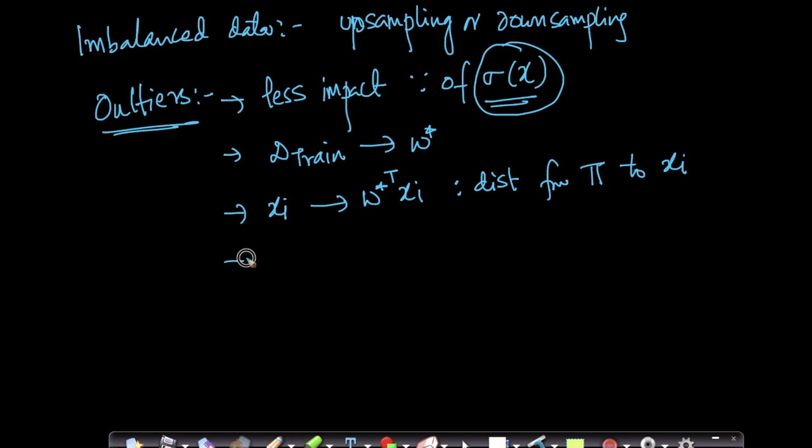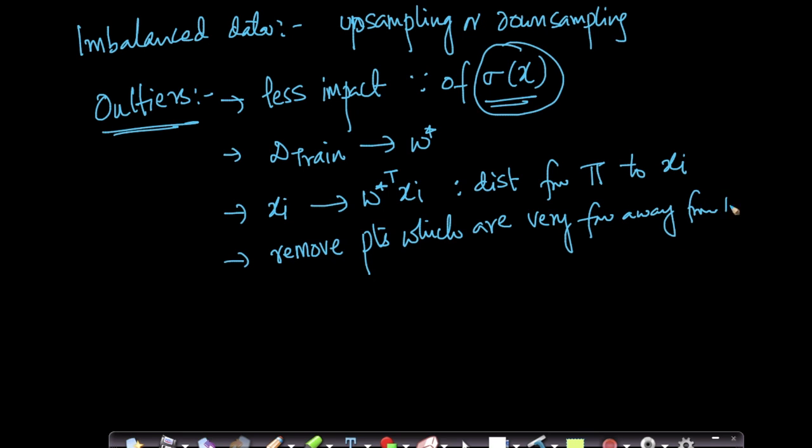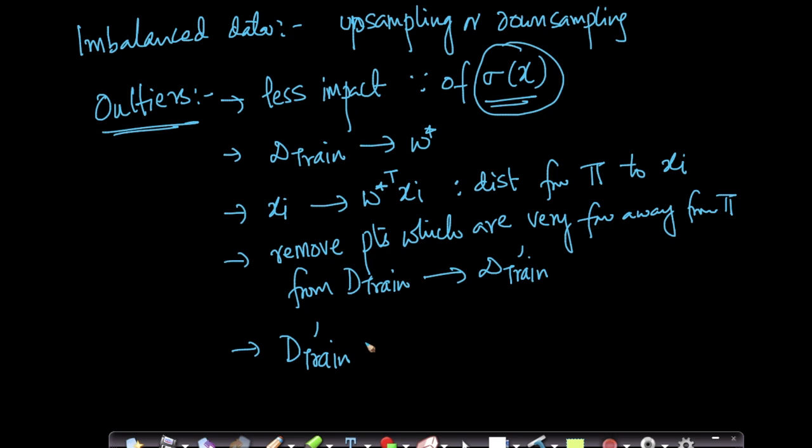Now what I'll do here is, I'll take those points and remove the points which are very far away from my hyperplane, from Dtrain. After removing them, let's assume I get a data set which is Dtrain dash. Now I'll train it on Dtrain dash, and I'll get a W star tilde, the new W star, which I'll take as the final solution, right? So this is a hack that sometimes works actually.